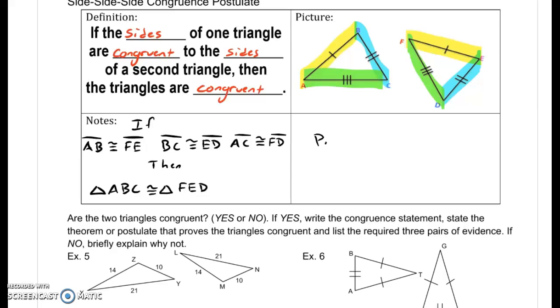And this is proven by the side, side, side postulate.